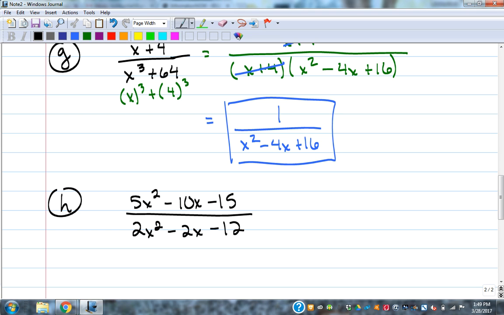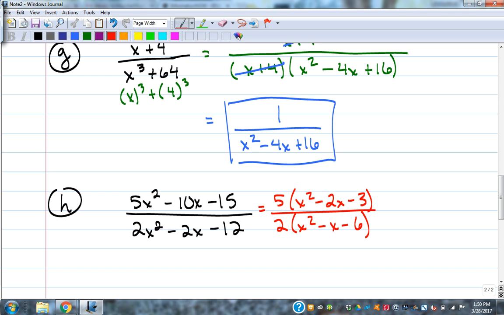So what's the first thing that we do? GCF. What's the GCF on the top? 5. That leaves x squared minus 2x minus 3. The bottom, the GCF's a 2.